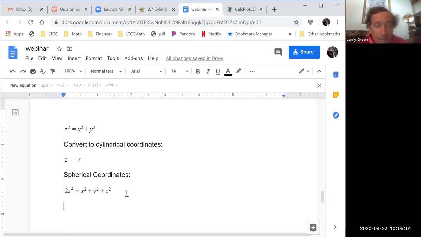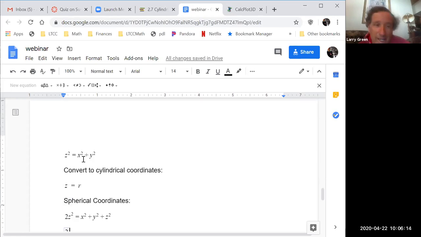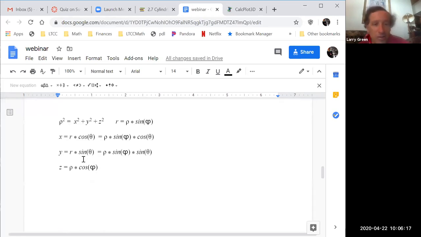Now we can convert. Now what we can do is we can say 2 z. Remember, what was the formula? Let's pull it up in case you forgot. It was rho cosine phi.